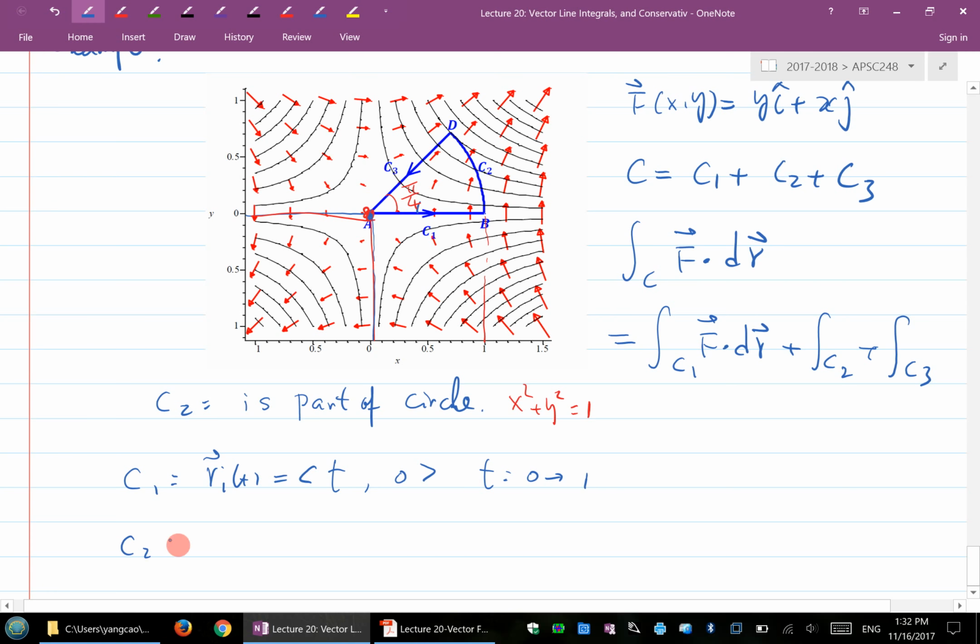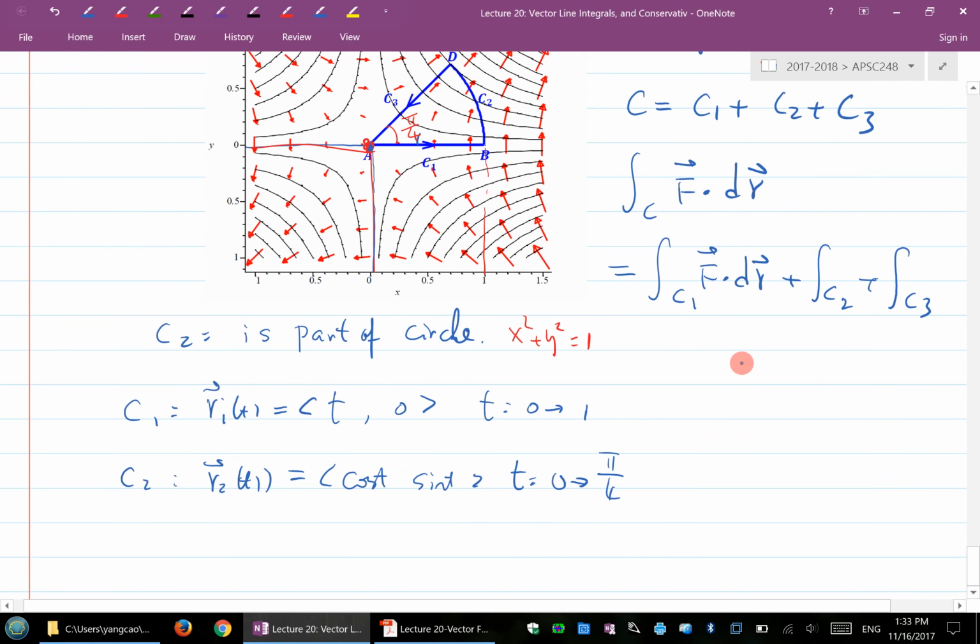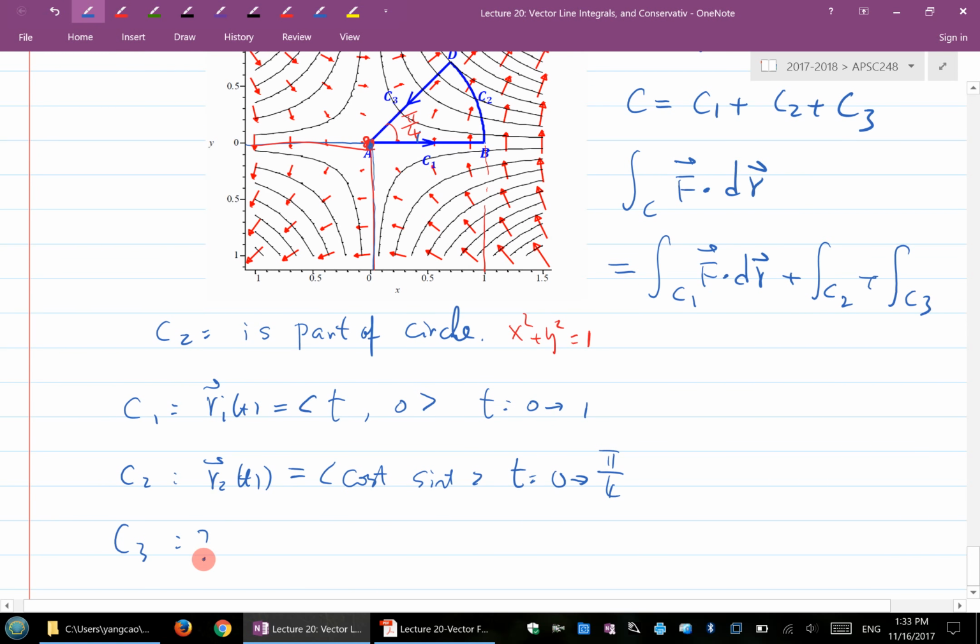Then for C2, you can literally use that circle, the radius is 1, so basically cosine t and sine t, where t goes from 0 to pi over 4. And for C3, that's a part of the line segments here, going from D to 0. You should think about what C3 is. But that's the parametric equation; I'm going to write it down. You can try with C3, but that's not the approach I'm going to illustrate here.